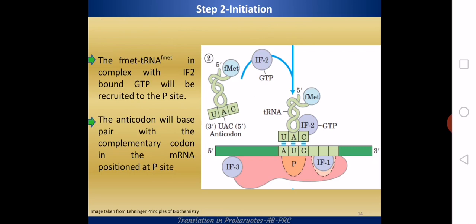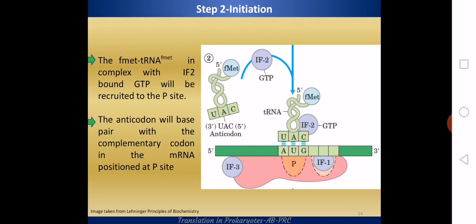So this IF2 GTP will combine with the fMet tRNA fMet, and this complex, that means the fMet tRNA fMet IF2 GTP complex, is actually being occupied in the P site, right?